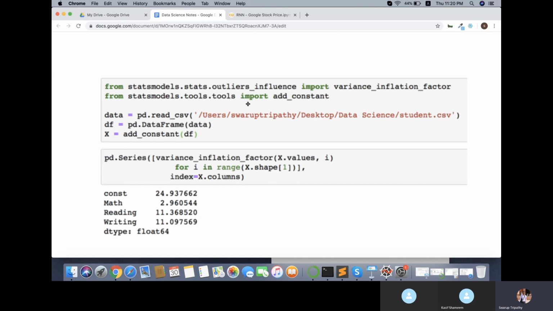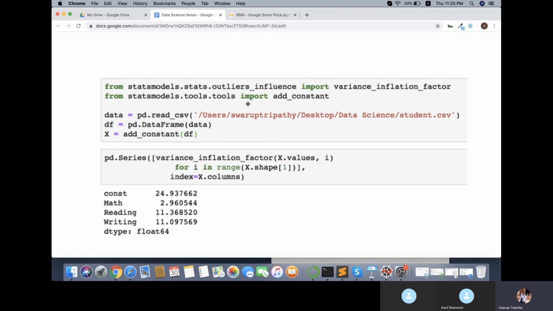This add_constant is like adding a constant to our independent variables. Our formula is y equal to b0 plus b1 x1 plus b2 x2, like that. As I showed you earlier, to do matrix multiplication we can add x0 with b0.